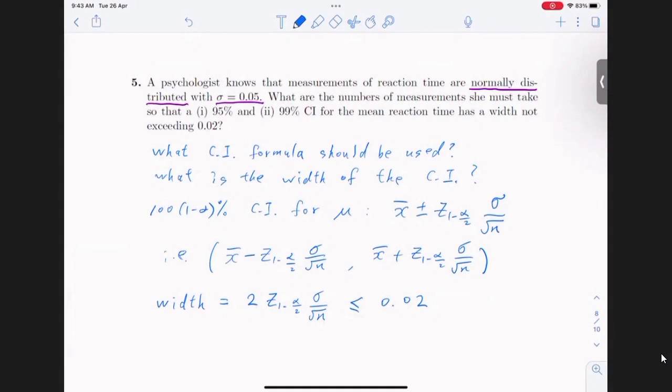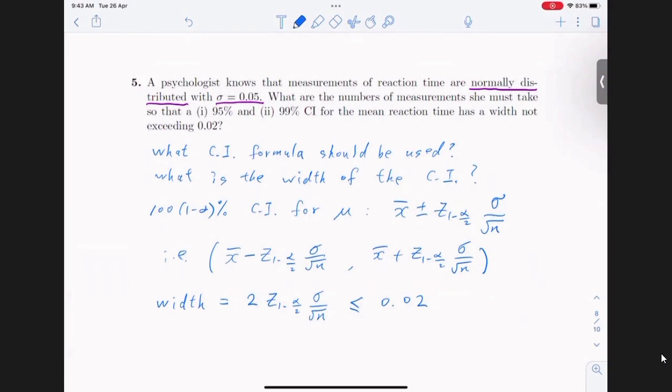So it is just 2 times the margin of error, 2 times the quantile multiplied by sigma divided by square root n. According to the question, we require this width to be no greater than 0.02. We have already been given the value of sigma, and the quantile can be determined according to the requirement on the coverage. From this, we can solve the inequality to find the sample size we need.